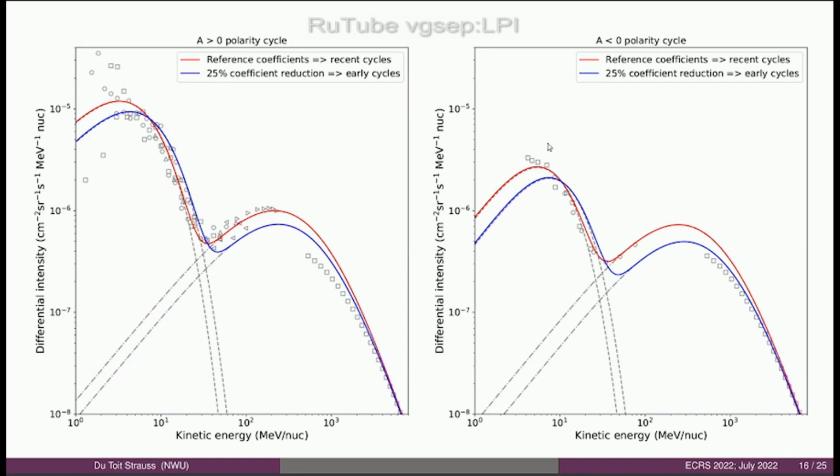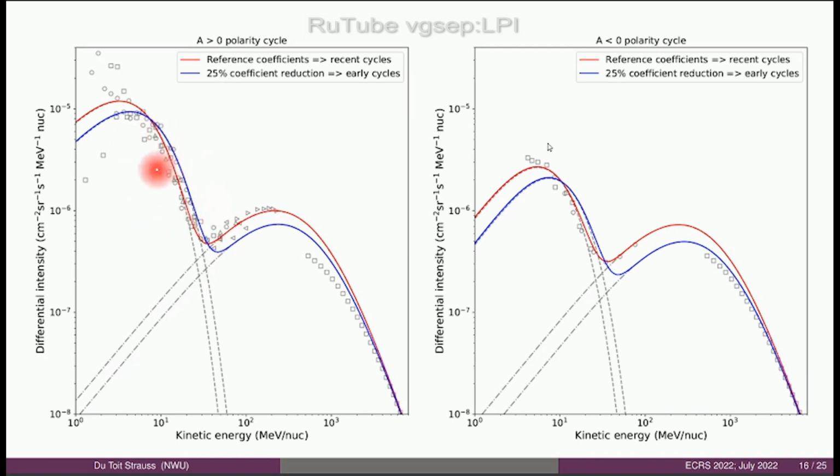The particles very easily propagate from outside the heliosphere to Earth. When you have more turbulence, the intensities drop at Earth because you have more particle-wave interactions and more scattering. You get lower intensities. However, if you look at the anomalous cosmic rays, it's not so clear.